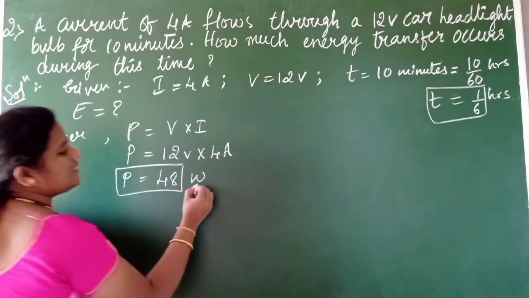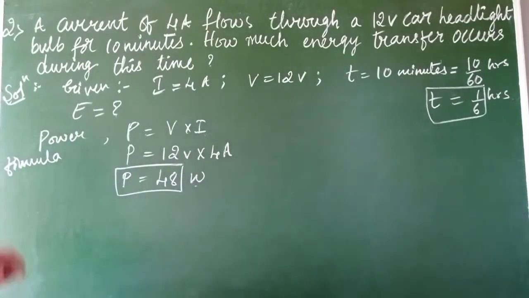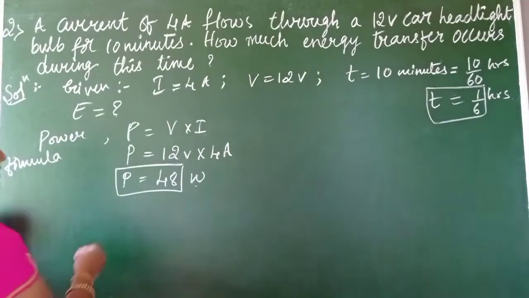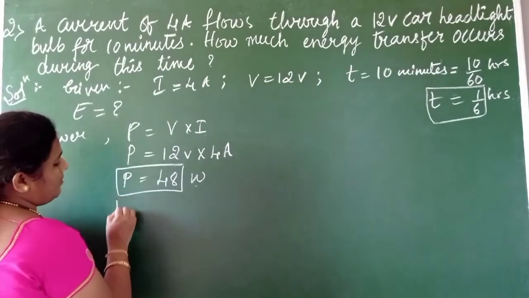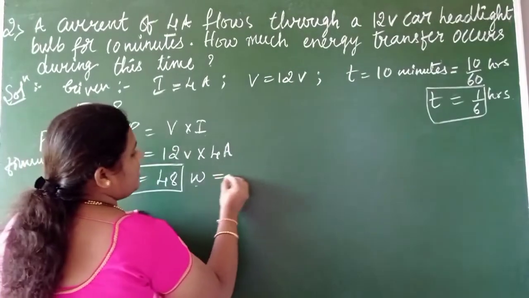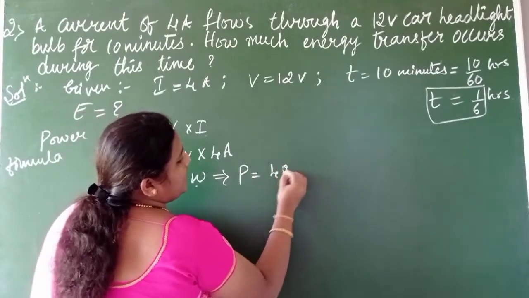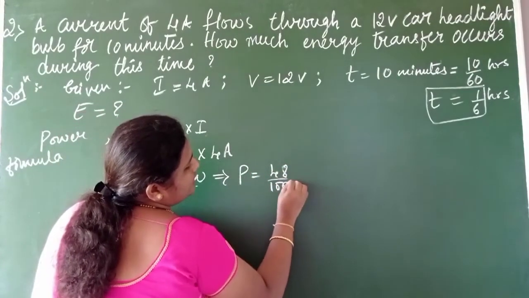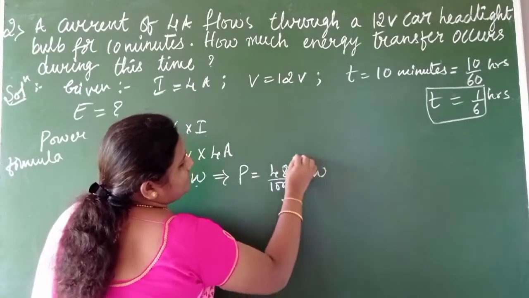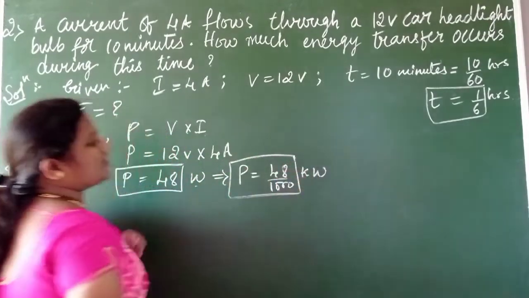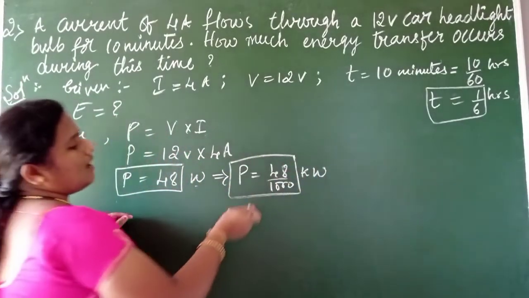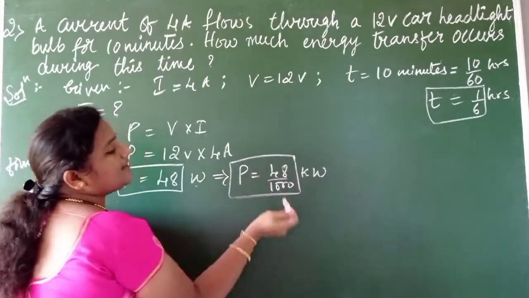See here, this is in terms of watts. We want it in terms of kilowatts, so P is equal to 48 divided by 1000 kilowatts, isn't it, children? To get kilowatts, we have to divide by 1000.